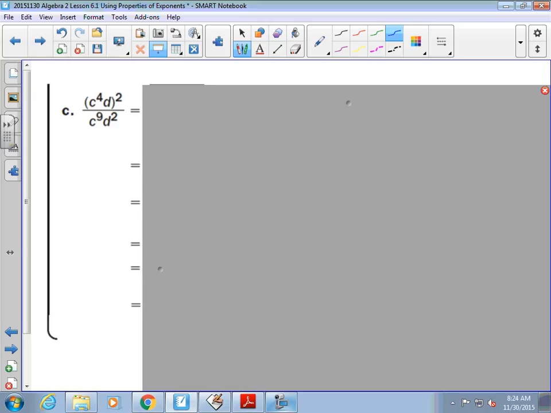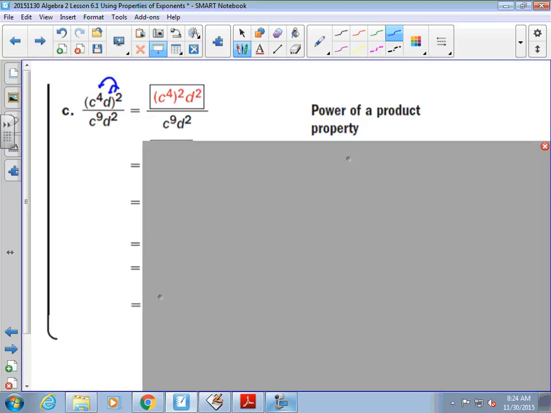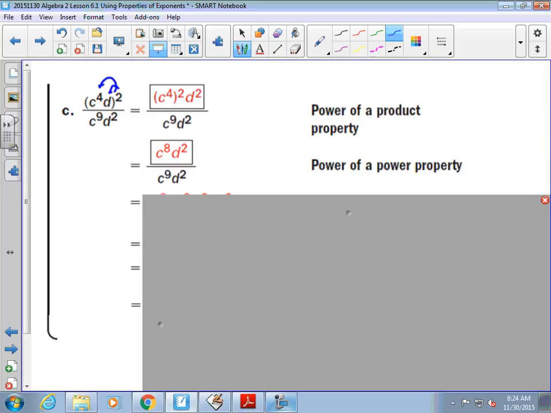C says c to the 4th d squared over c to the ninth d squared, all squared. Again, both terms are going to get squared since they're inside the parentheses. C to the fourth times 2 and d squared times 2, over c to the ninth d squared. C to the fourth times 2 is c to the eighth, d to the fourth.